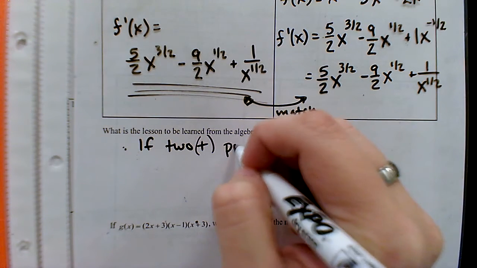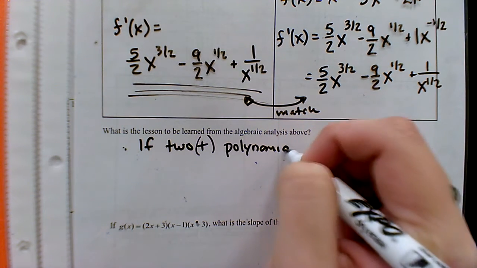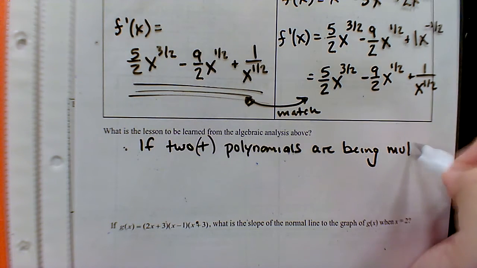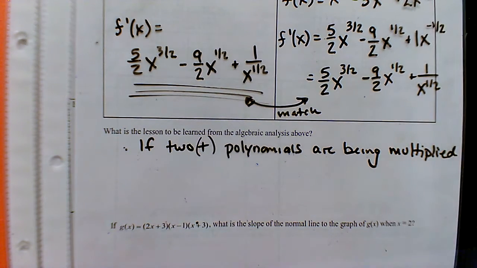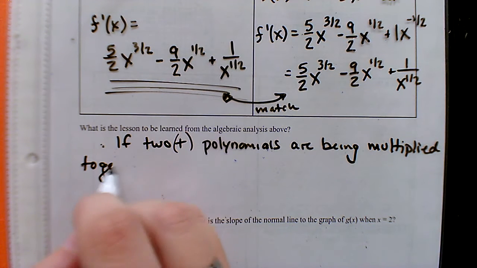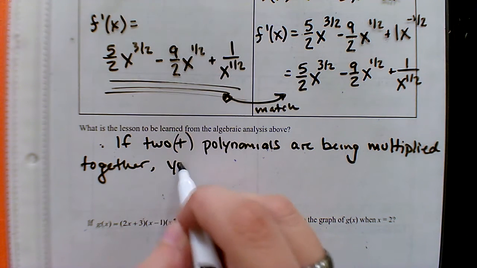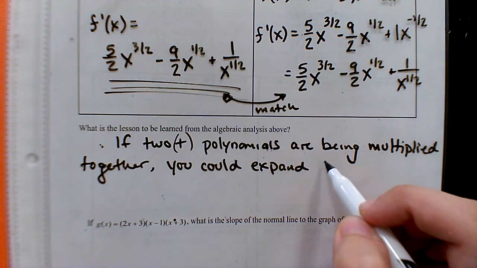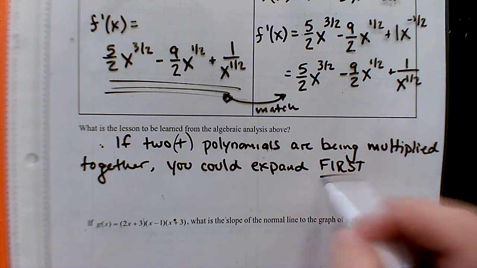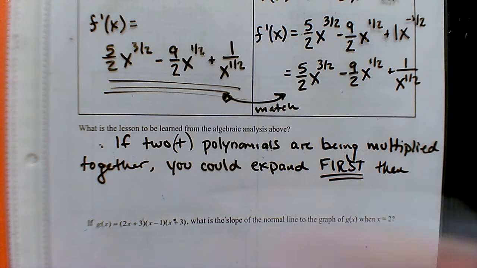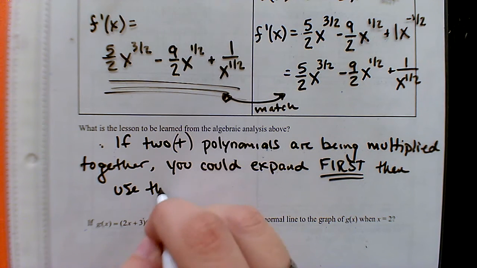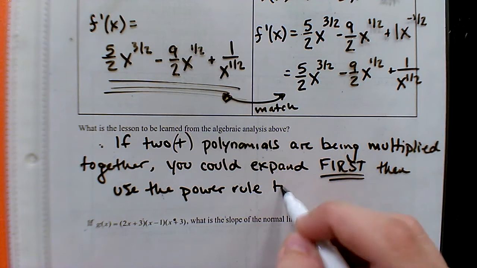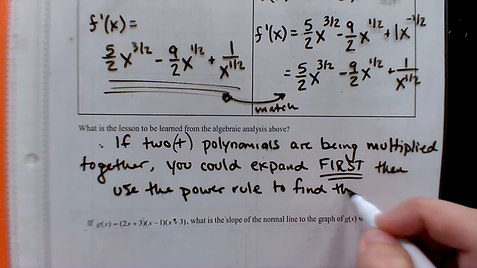If 2 or more polynomials are being multiplied together, you could expand first, then use the power rule to find the derivative.